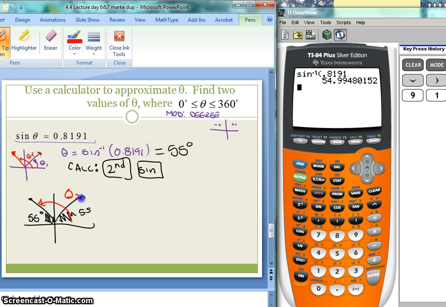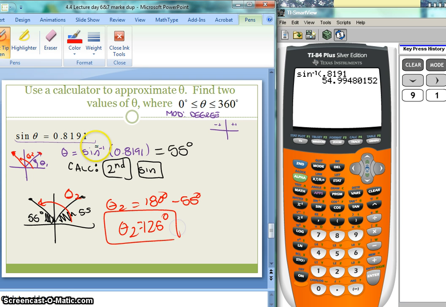This is my theta 2. So to find theta 2, in this particular example, theta 2 is 180 degrees, right? The half circle, subtracting this 55. Subtract the 55 degrees from the reference angles, and I know that my theta 2 is 125 degrees.